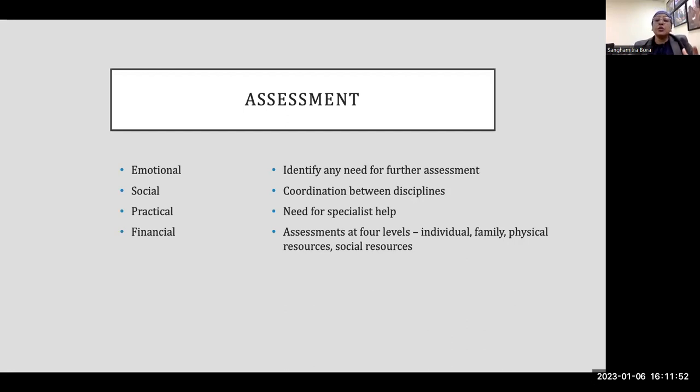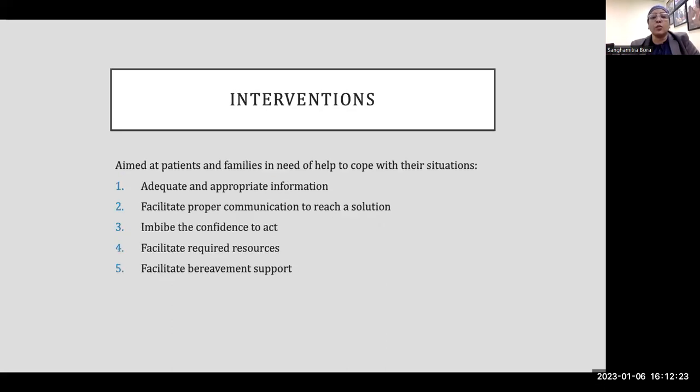He needs to find out any kind of specialist help that may be required by these patients, and then assess at 4 levels: the individual level, the family level, the level of physical resources, the presence of social resources also. So assessing the requirements, the needs of the patient is an important part of social work also.